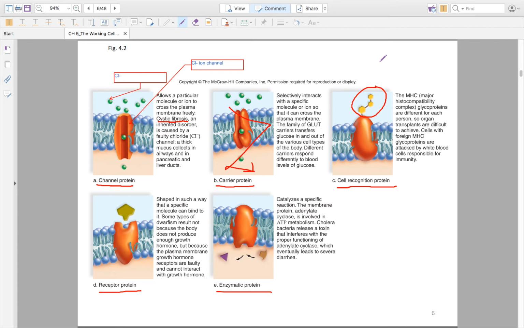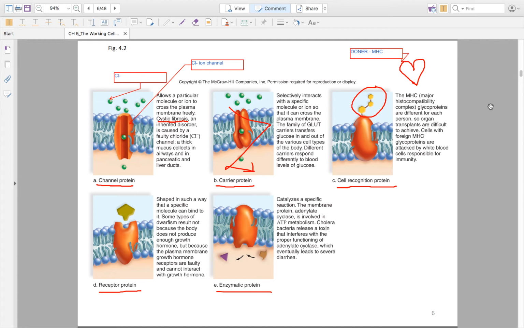Now, why is that relevant? Because we do organ transplants sometimes. Some people need a heart transplant or a kidney transplant. Now, when a person is receiving an organ, let's say they're getting a heart, okay? A heart transplant. Now, that heart is going to have a completely different MHC.